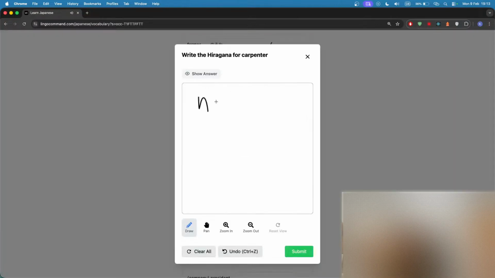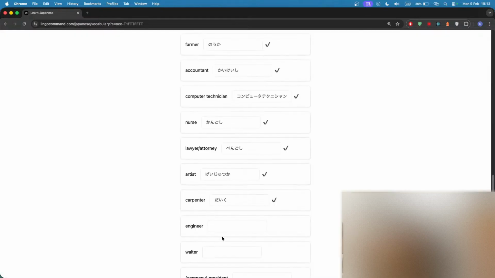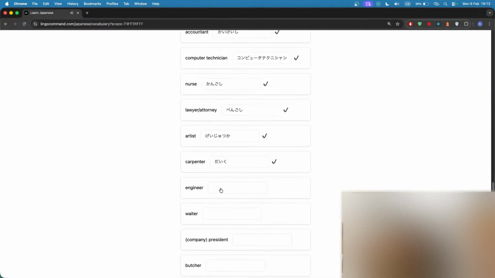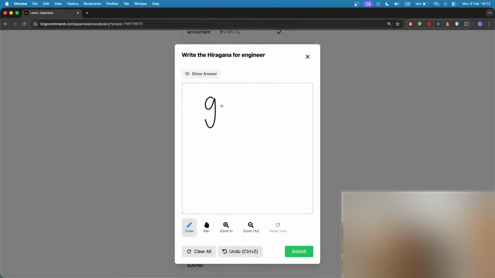Fantastic. Carpenter is daiku. Daiku. So this is ta. So this is da. This is i. That's ku. Daiku. Engineer is gishi. Gishi.